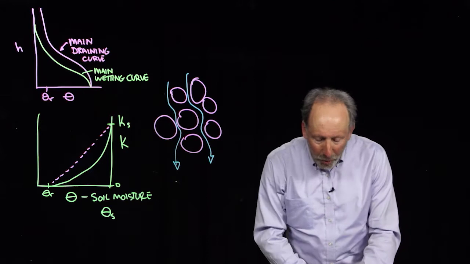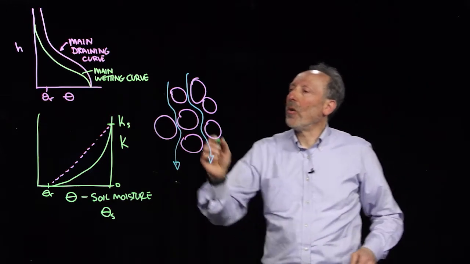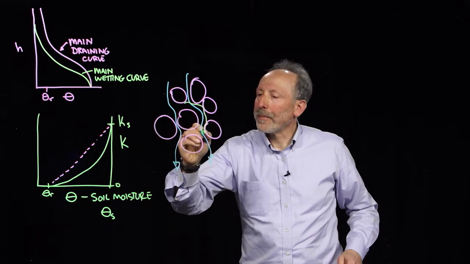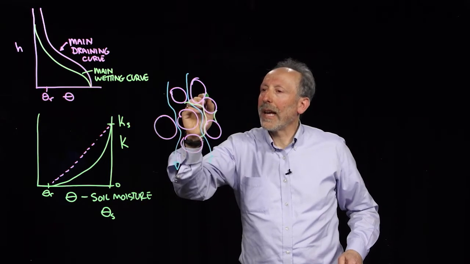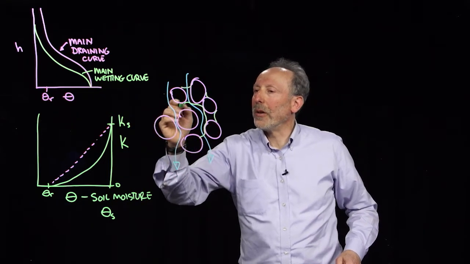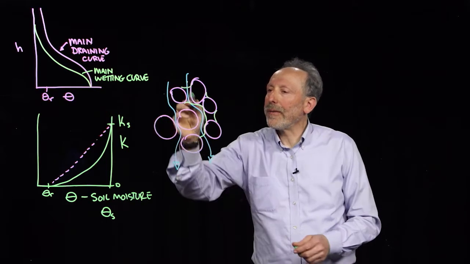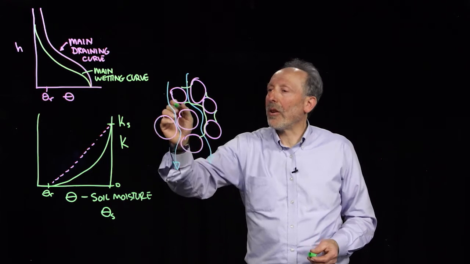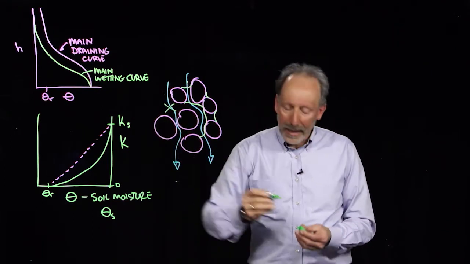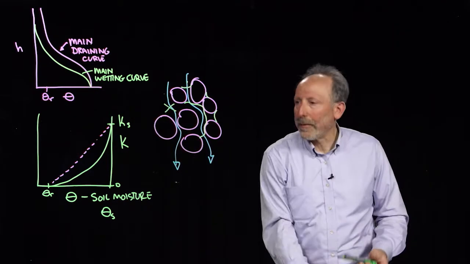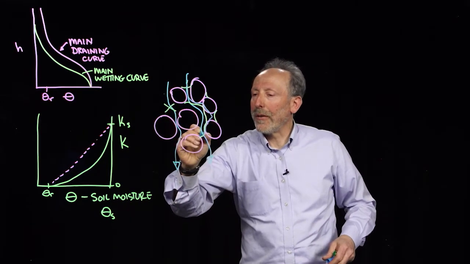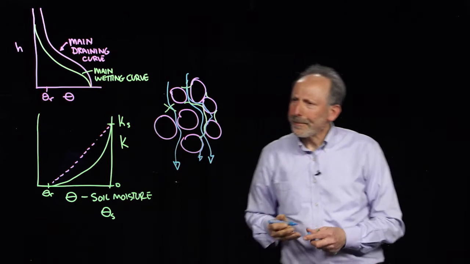However, when we drain our soil, and now there's only water left in little films, little kind of capsule, corpuscles and films, then the water has to flow in much more tortuous paths. And it doesn't get this path at all. So this path is completely gone. And now the new path for water to flow will be along this much more tortuous path, along this little thin film, and maybe like that.